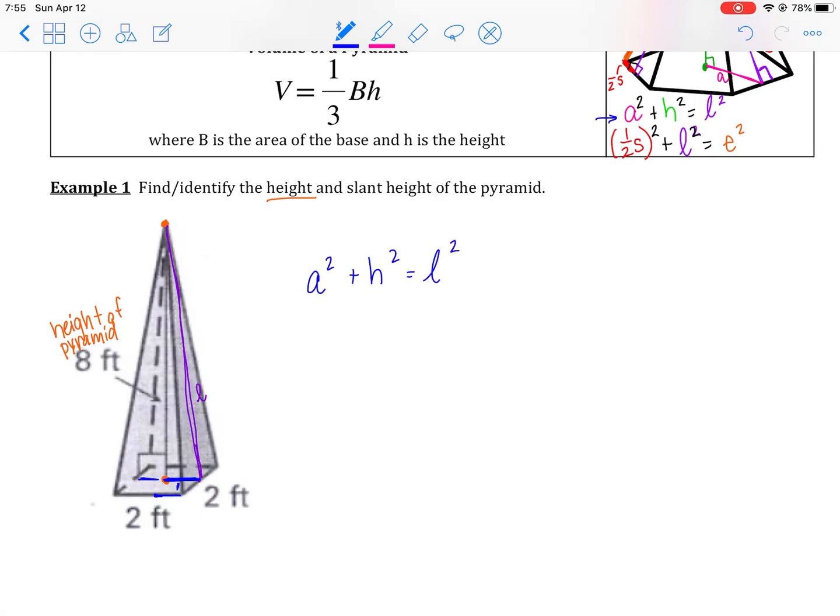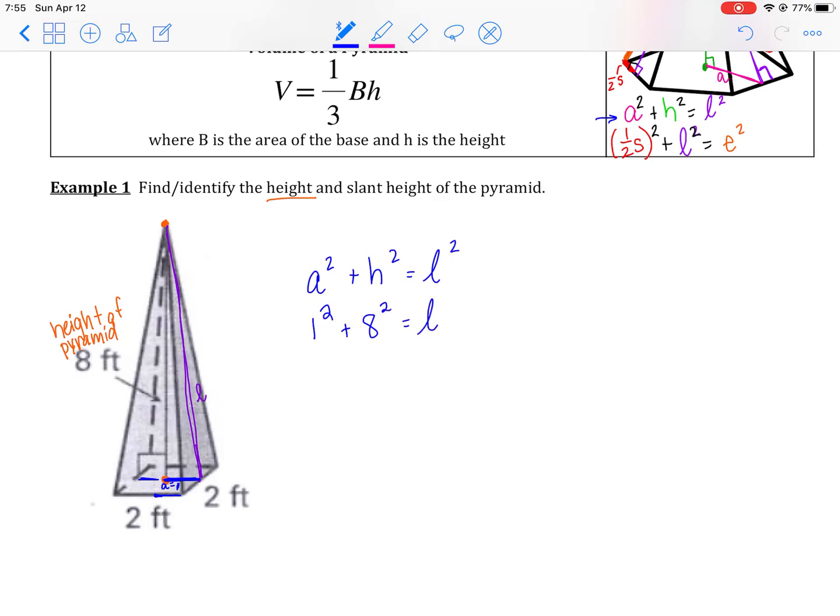This only works for squares; we'll look at how to do it on a hexagon a little later. So my apothem here is half of the side length, which would be 1. So that'll be 1 squared plus the height of the entire pyramid, which would be 8 squared.